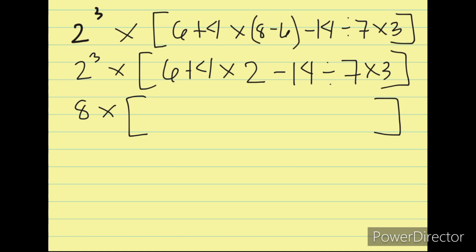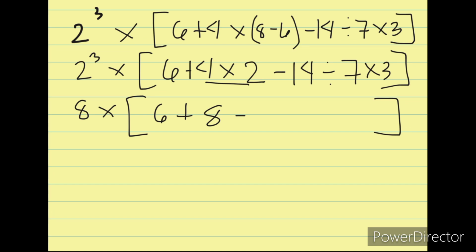Here in our grouping, there is no exponent given. So let's proceed after the exponent, to the multiplication. Let's start from the left going to right. So copy the 6, then multiply the 2 times 4. 2 times 4 is 8 minus.